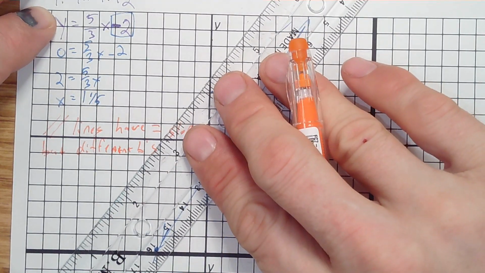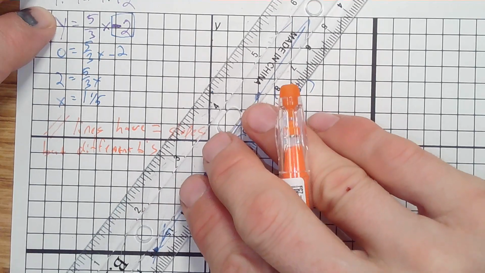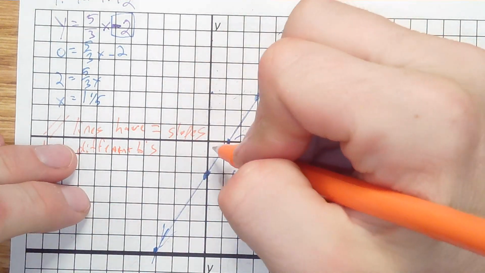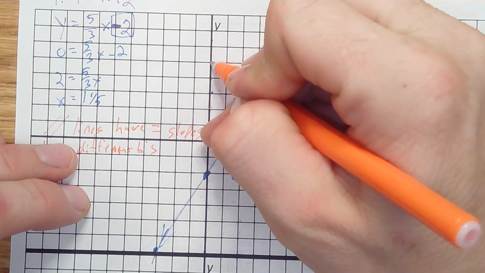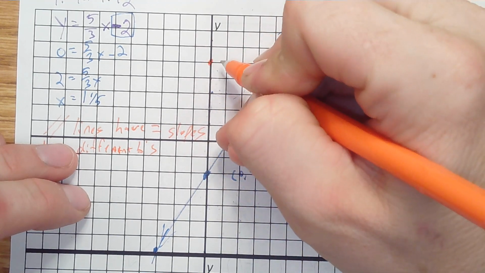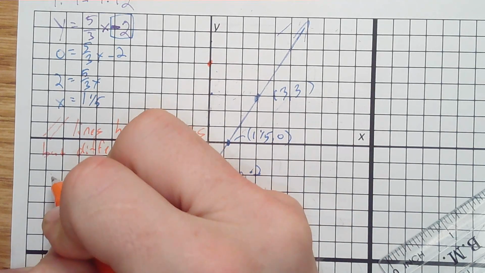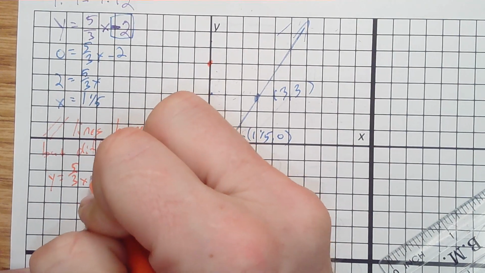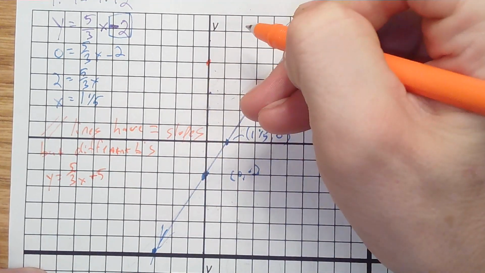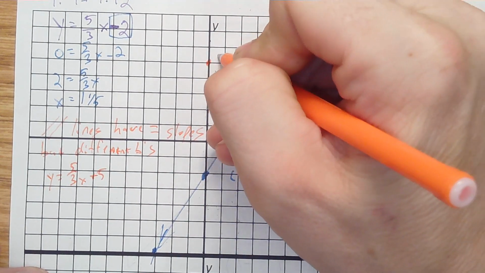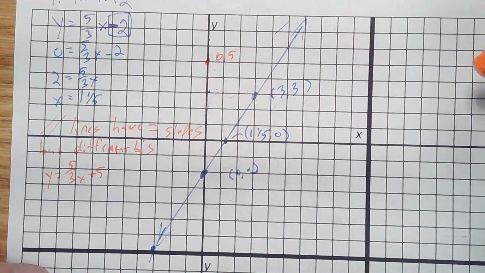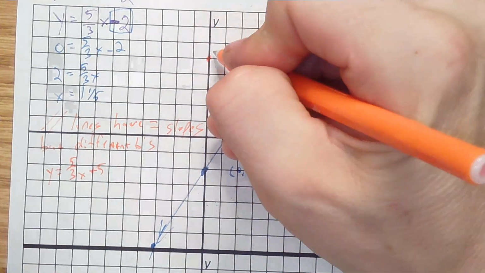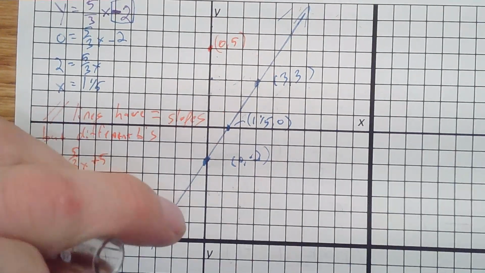So say for instance I wanted to intercept at y equals 5. B is now 5, so my new equation is y equals 5 thirds x plus 5. This is my new y-intercept, 0 comma 5.